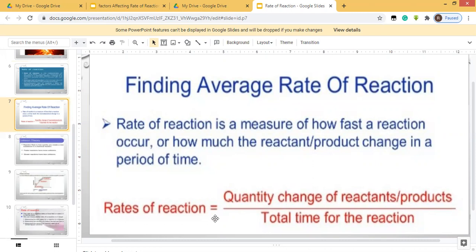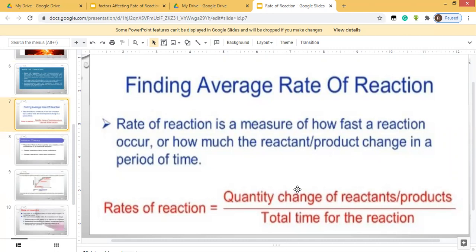So you may see the equation is: rate of reaction is equal to the quantity change of reactants or products per total time of the reaction. You may define the rate of reaction as the change in the concentration of a reactant or product in unit time.